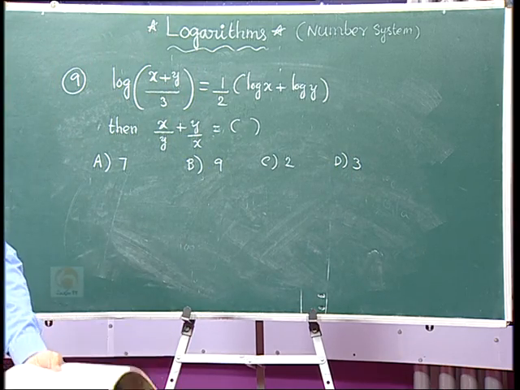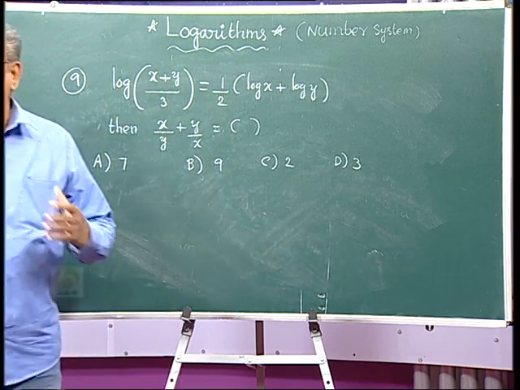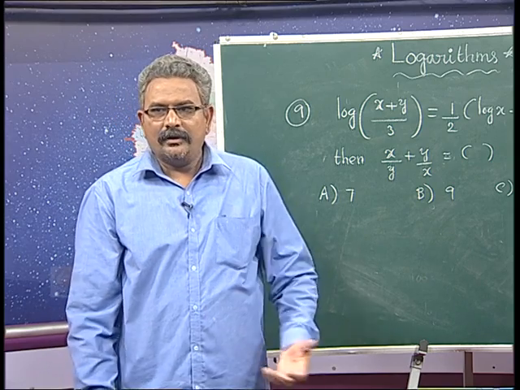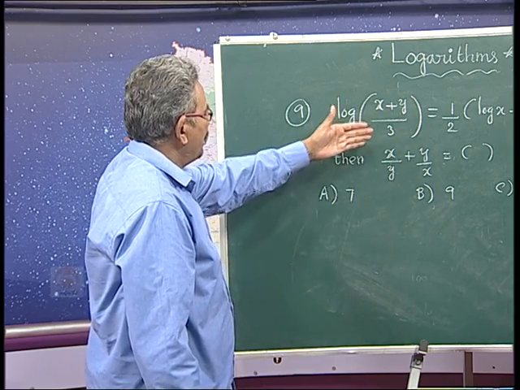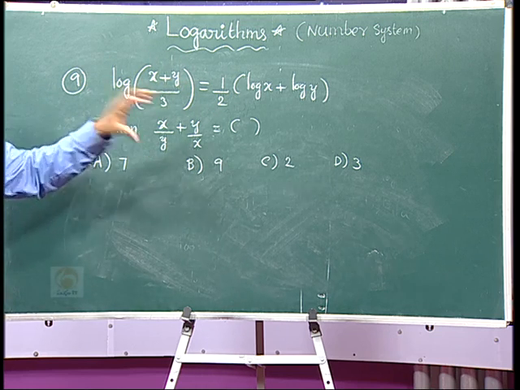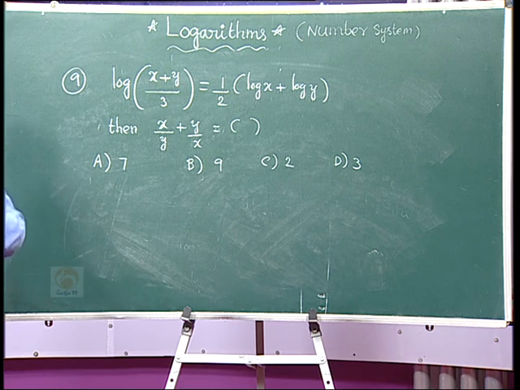Okay. This is a very important problem. You might have seen in our 10th class textbook, real numbers, this problem is given: log of x plus y by 3 is equal to half into log x plus log y. So, how to do these kinds of problems? These kinds of problems can be done using one shortcut formula. I will give the shortcut formula.